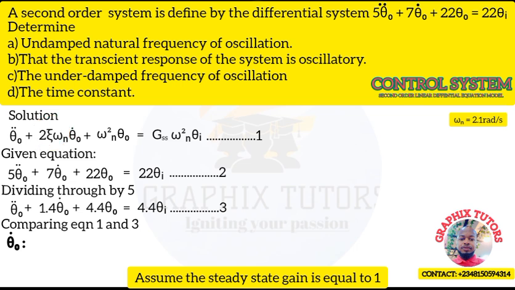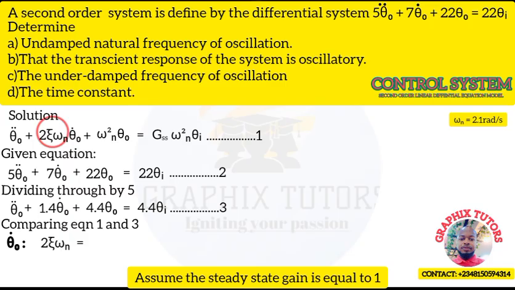So if I'm considering theta sub O with dot on it, I put my equal sign. In equation 1, the coefficient of theta sub O with dot on it is 2 zeta omega sub n, that is 2 times the damping ratio times the natural frequency.